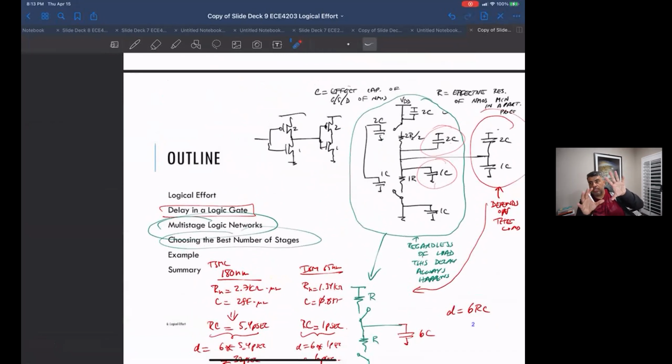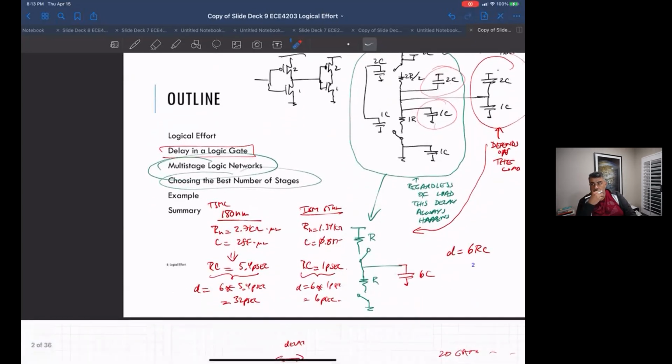We've modeled the transistors as equivalent R's and C's, and we're just combining the R's and C's depending on what we're driving, and then getting the RC delay. We're going to extend that to a more general approach which can handle multi-stage networks.